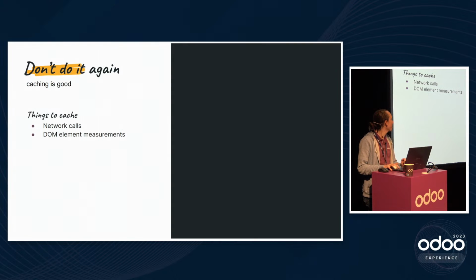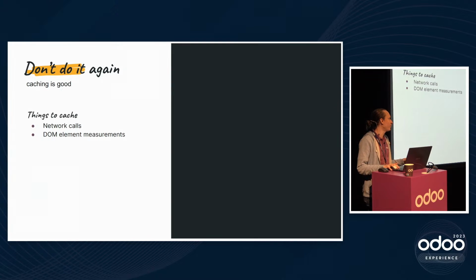Another thing that you should cache is DOM element measurements. This is one thing that might not be obvious to everyone, but measuring things in the DOM can be expensive. When you need to measure the position or the width or the height of an HTML element, what you're saying to the browser is, I need to know now where this element is in the page.